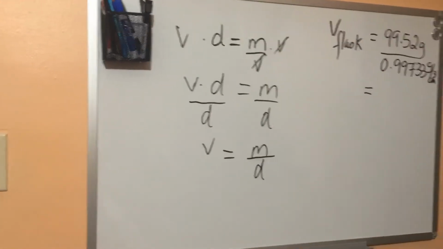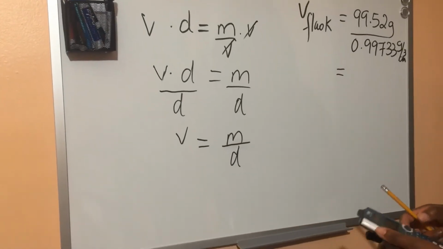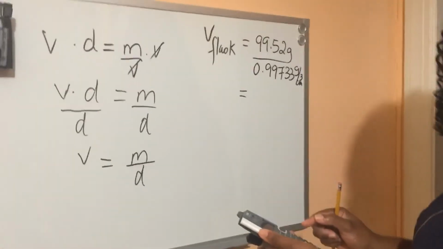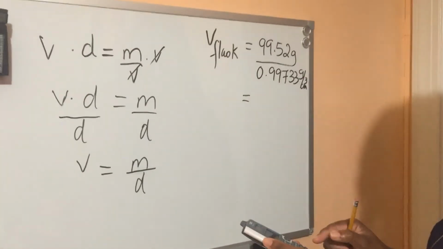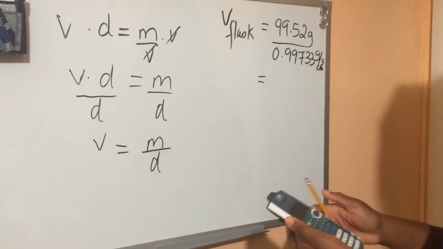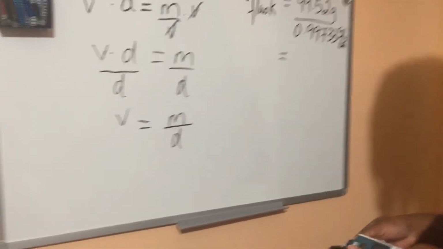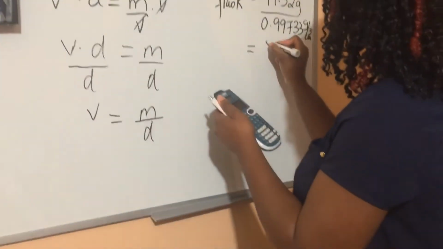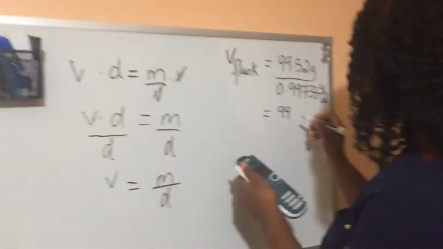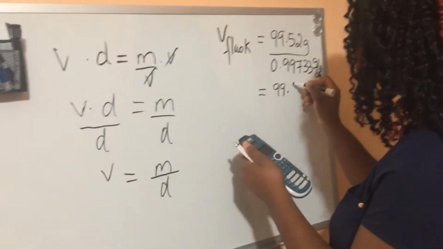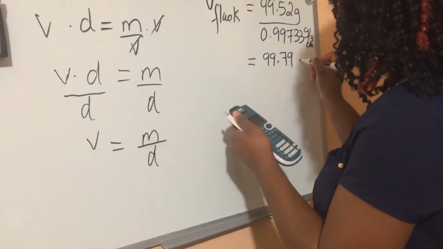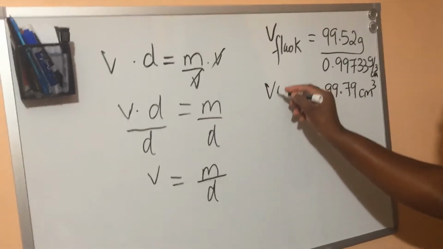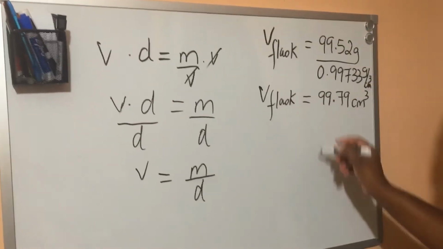So in our calculators, the volume is going to be 99.52 divided by 0.99733, and the volume of our flask is 99.79 cubic centimeters. Okay, thank you.